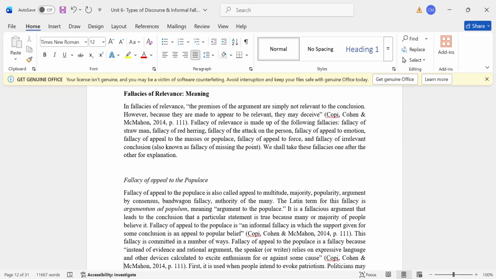When the facts are there, you don't look at the facts, but you look at the number of people that are supporting a particular position or fact. And then you conclude. You usually say the majority carry the vote. That is a fallacy of appeal to the populace. You are not looking at the facts about the vote.